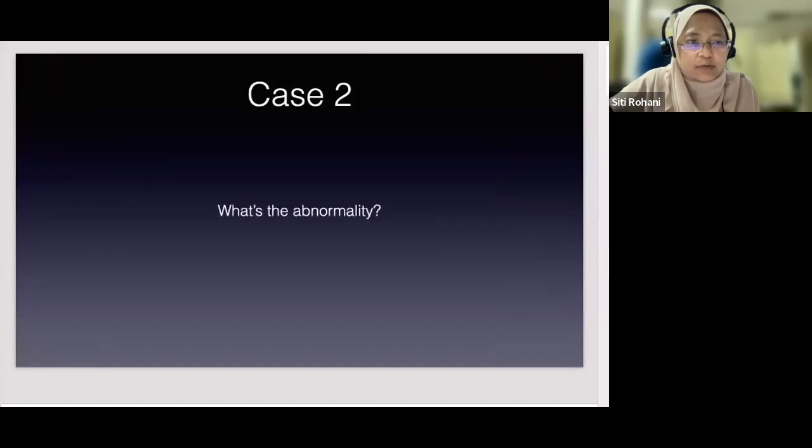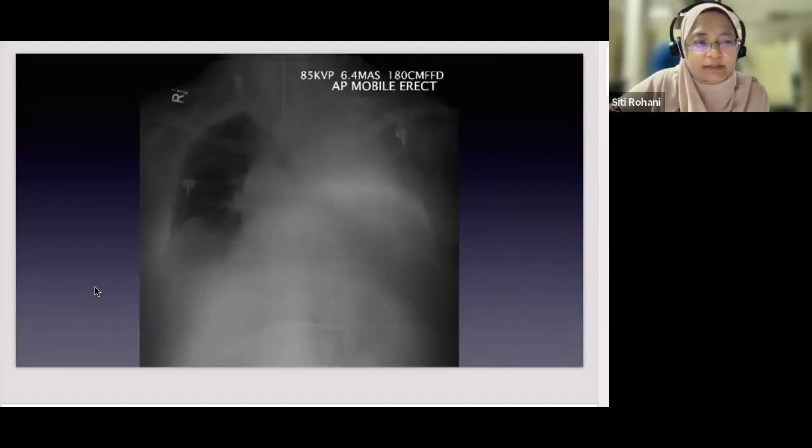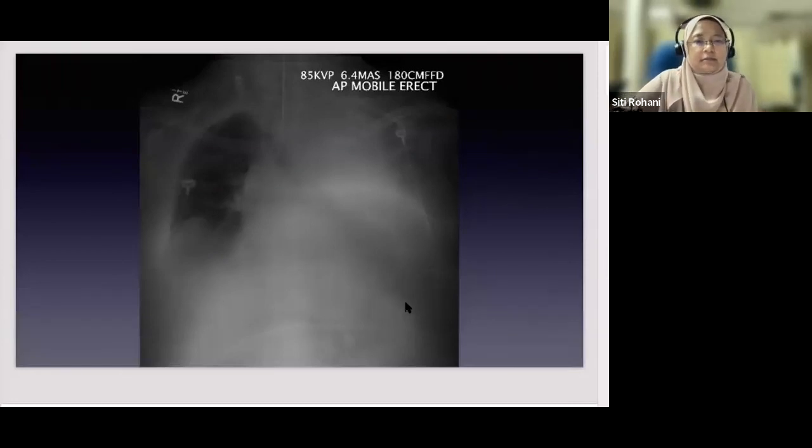Okay, in case 2, anyone can shout out what is the abnormality that we can see from this chest X-ray. Anyone can answer or just give an opinion on what's the problem or what's the abnormality on the chest X-ray.